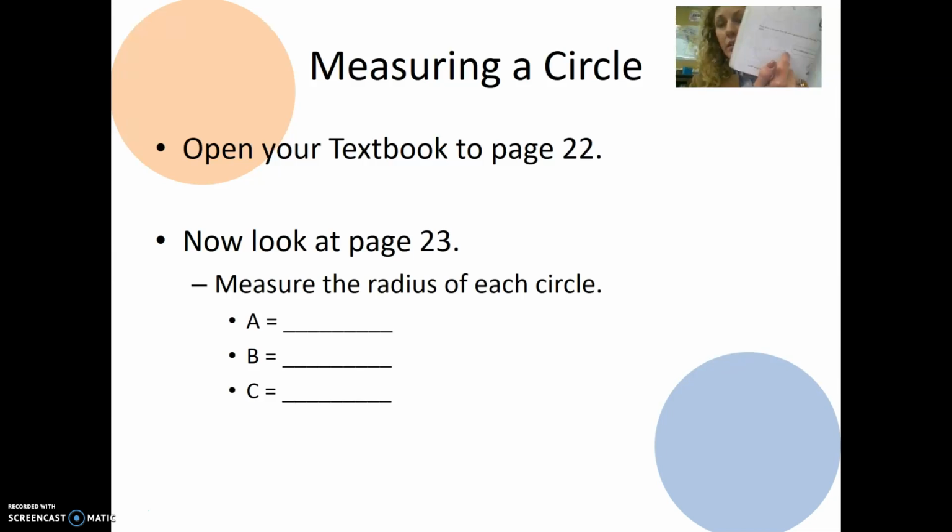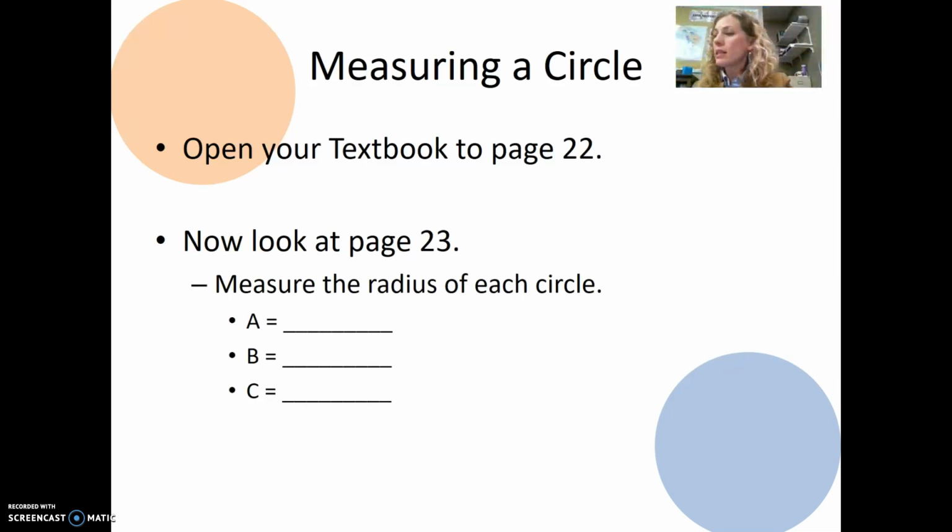Because it goes all the way from one side to the other and goes through the center, that's a diameter. And then if I look at line segment OP, a line segment that extends from the center of the circle just to the edge, that's going to be a radius.